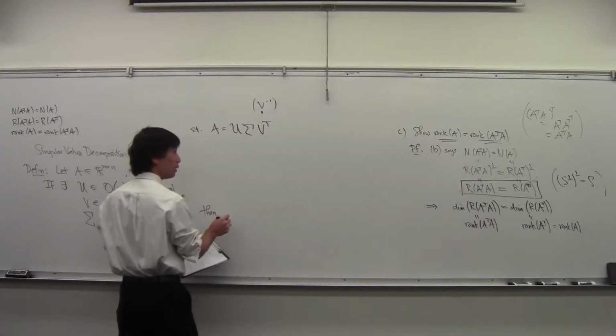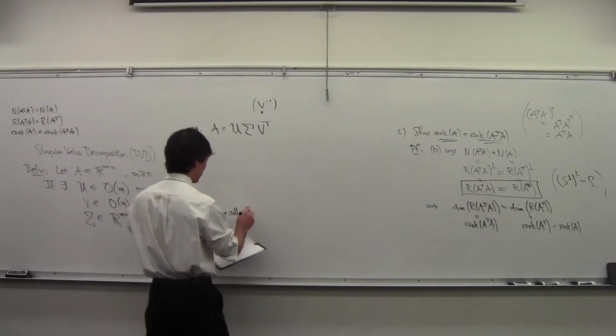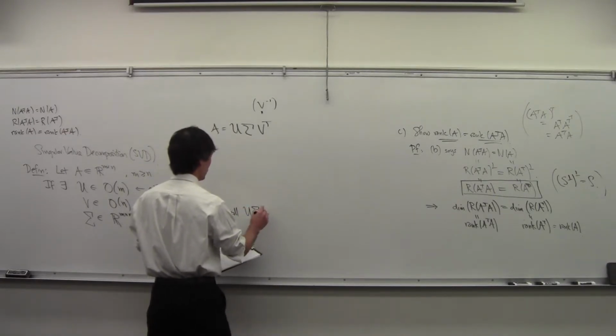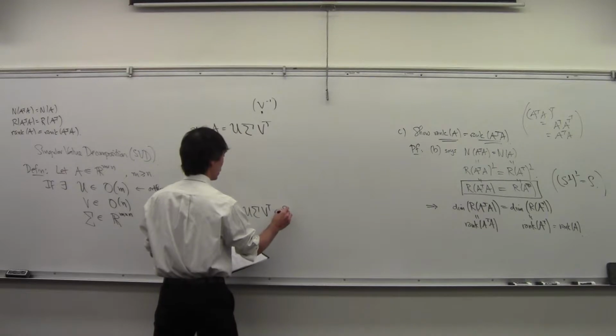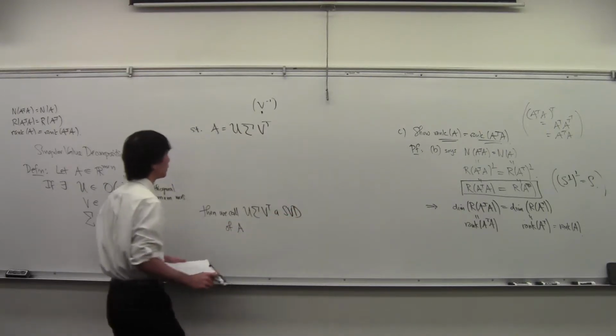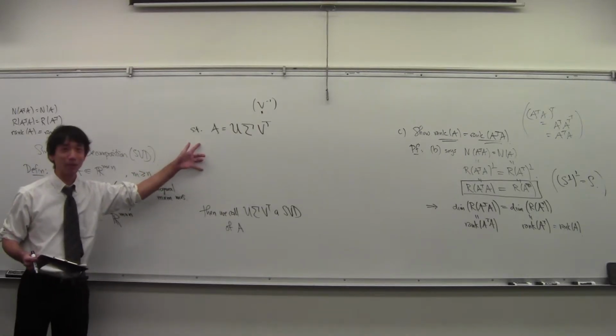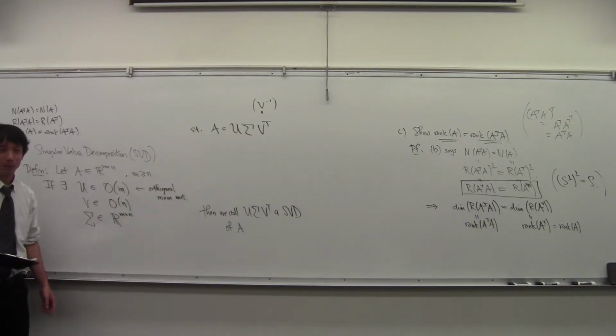Then we call U sigma V^T a singular value decomposition of A. Leave a lot of space here, because this is not the full definition.